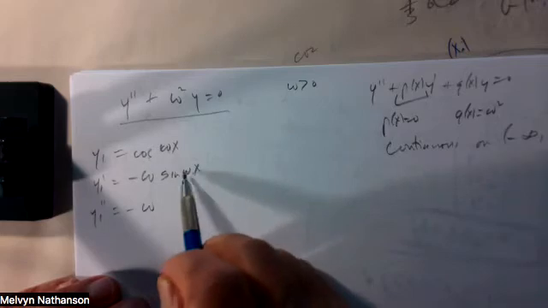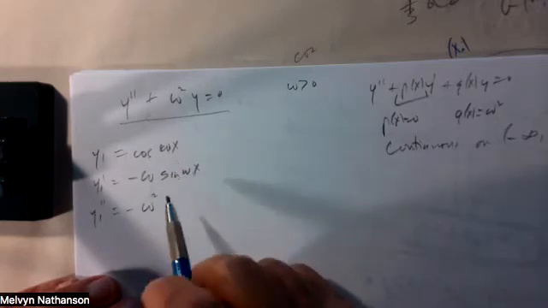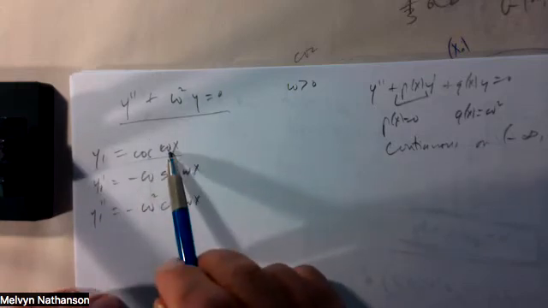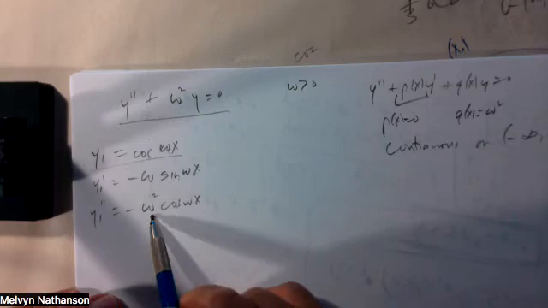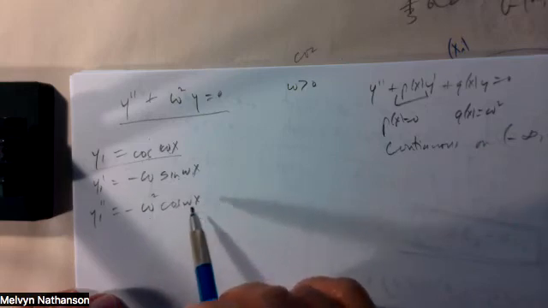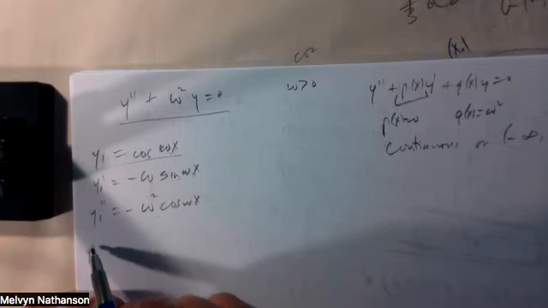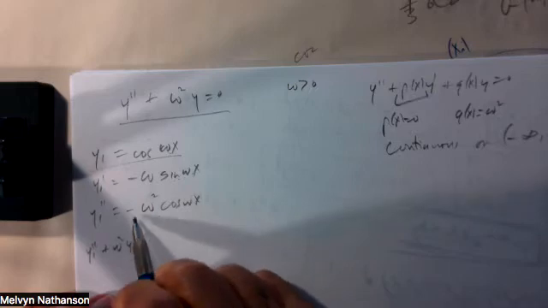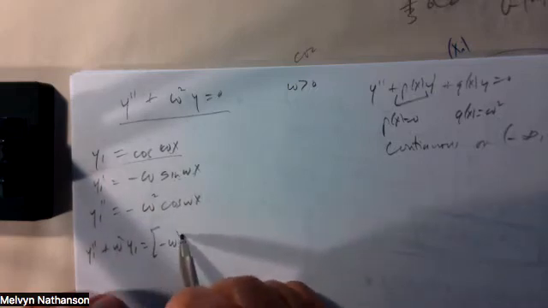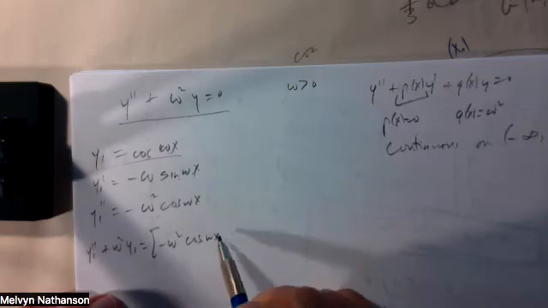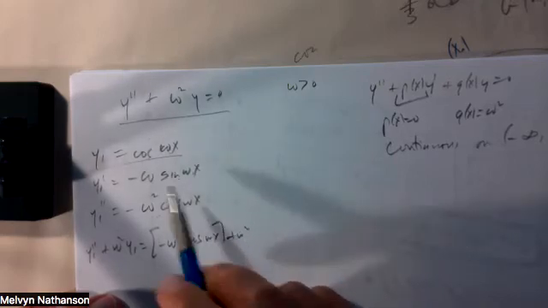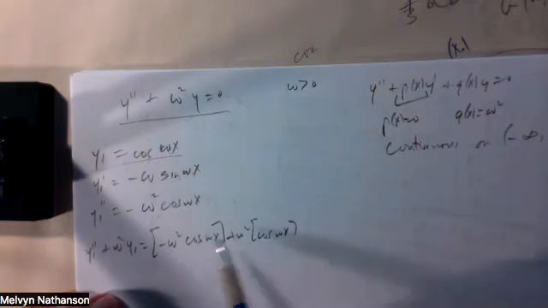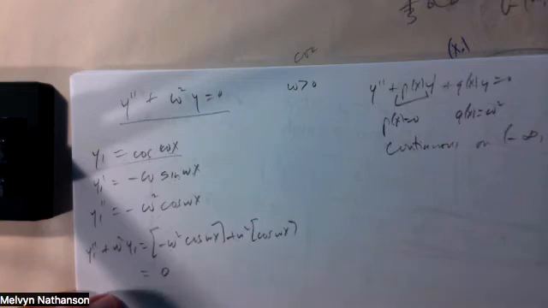You get minus omega times another omega, makes this omega squared, cosine omega x. And y1 is cosine omega x. Y1 double prime is minus omega squared cosine omega x. So y1 double prime plus omega squared y1 is minus omega squared cosine omega x plus omega squared cosine omega x. Minus omega squared plus omega squared gives us 0.